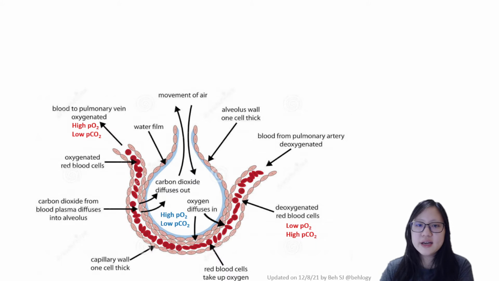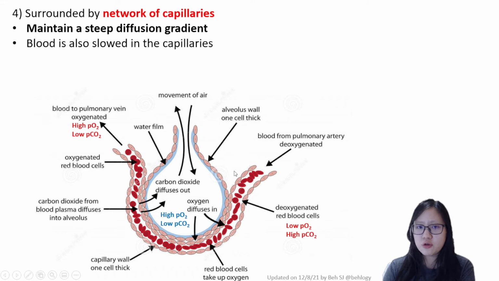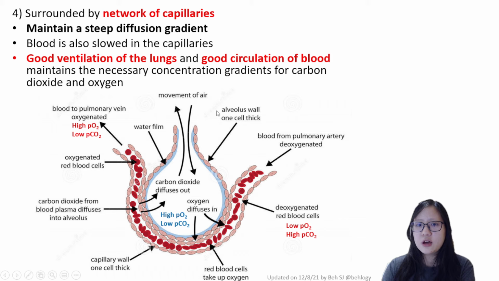The fourth point is that it's surrounded by a network of capillaries. This is really important for the diffusion gradient. Now, this diffusion gradient coupled with good ventilation and good circulation of blood ensures that there is rapid gas exchange. How so? What's the diffusion gradient here?